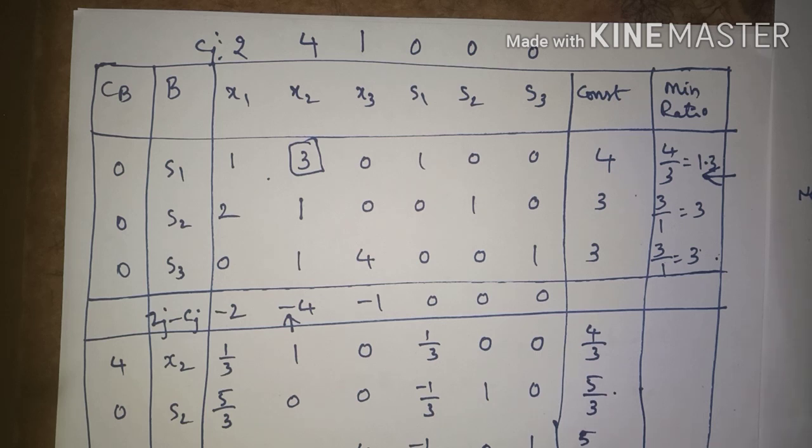Minus 2 by 3 is about minus 0.6, and this is minus 1. Which one is the most minimum? Minus 2 by 3 or minus 1. Out of these two, the most minimum, or most negative, is minus 1.